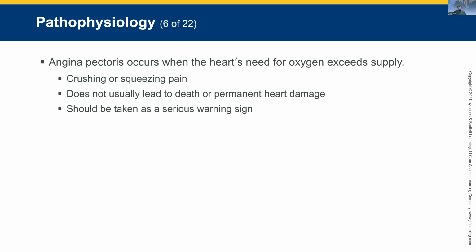Stable angina, I took my nitro and it made it better. So when we're doing our questioning, does anything make it better or worse? That plays into cardiac events of stable or unstable chest pain or angina.